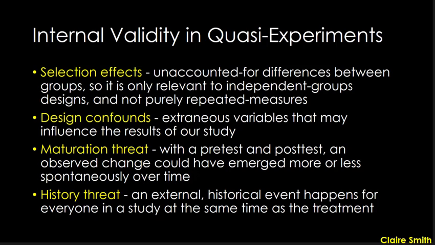Okay, so the first, selection effects. This threat has to do with unaccounted for differences between groups. So it's only relevant to independent group designs and not a repeated measures design, right? So it's differences between groups. If you have one group that does all the different conditions, obviously this doesn't matter, okay? So in the cosmetic surgery example, is there selection effects?